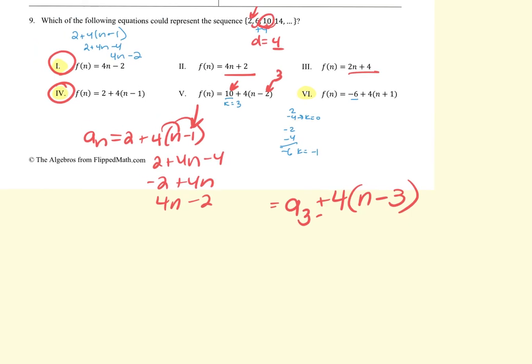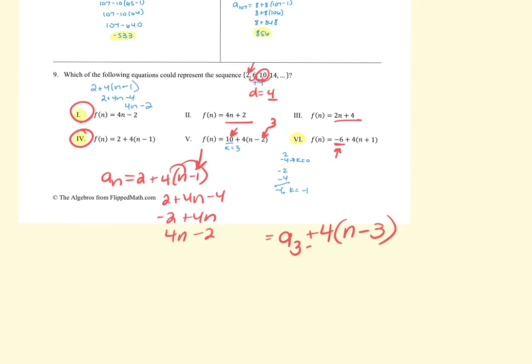The other one was if A whatever was negative 6, if your term is negative 6, which is not in your set yet, but if I kept going backwards, if I did 2 minus 4, then I would have gotten negative 2. If I would have done negative 2 minus 4, I would have gotten negative 6. So this was 1. This would have been 0. This would have been negative 1.